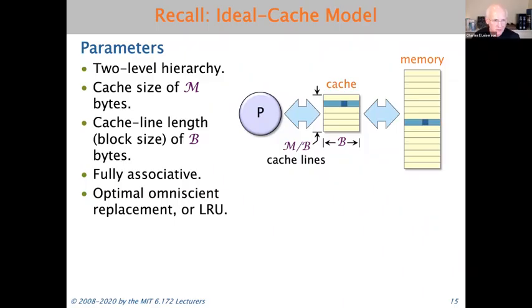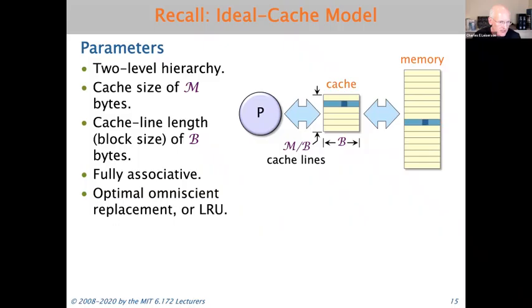Recall it has a 2-level cache hierarchy, with a cache that has room for m points, and a cache line length, a block size, of b bytes, and it's fully associative.